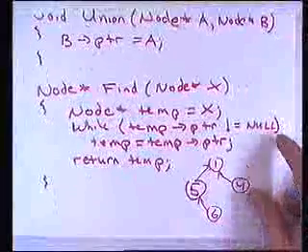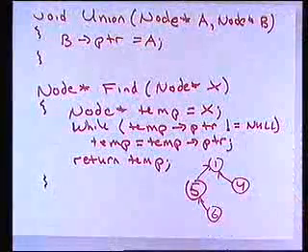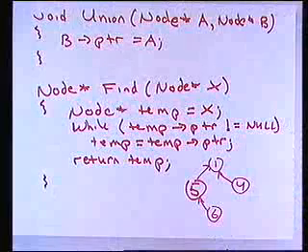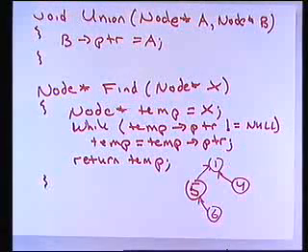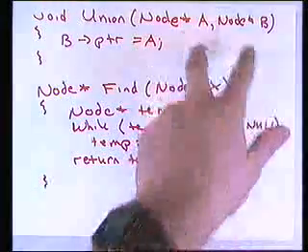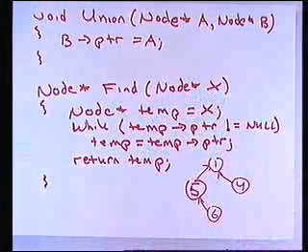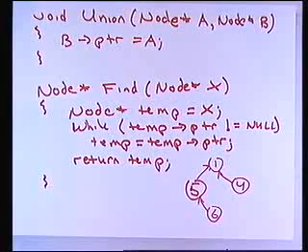So last time we had talked about this basic idea, where for our union, we said for the moment we're going to make two assumptions. One would be that we always pass in pointers to the roots to union, and the second assumption was that we could always get a pointer to our node.